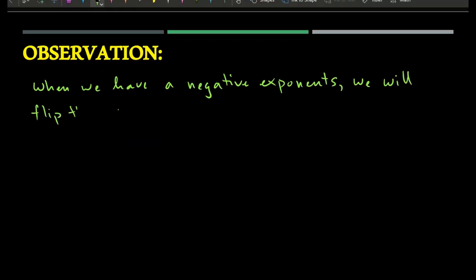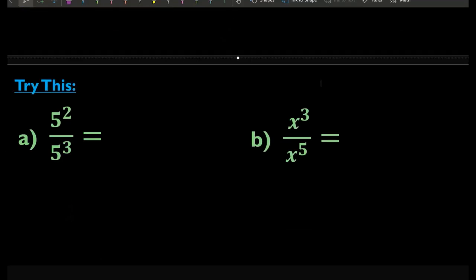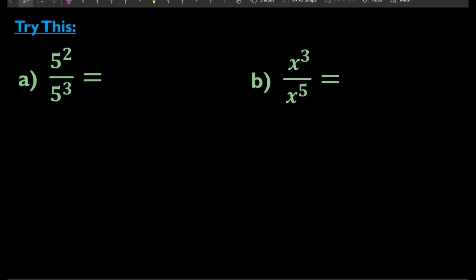Flip the fraction, which means that if it's a whole number, you're going to put 1 under and flip it. Alright, it's your turn. Pause the video and try the problem for a couple of minutes, and then check the answer with me.